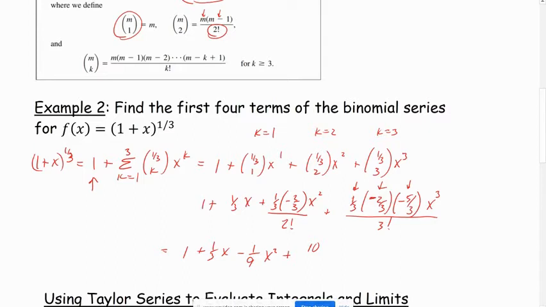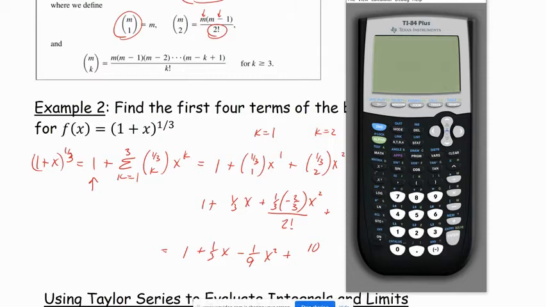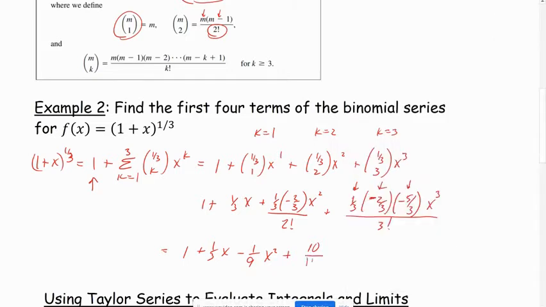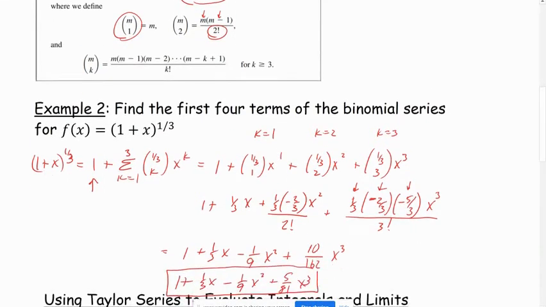So that's 27 times 3 factorial, 27 times 6, which is 162, x to the third power, which could also be written as this. So that's our expansion using the binomial series expansion.